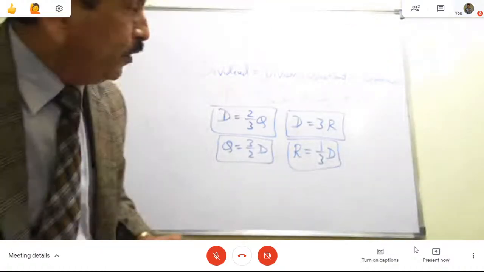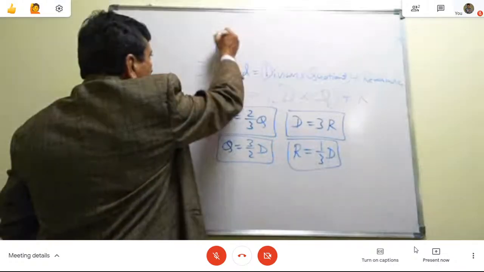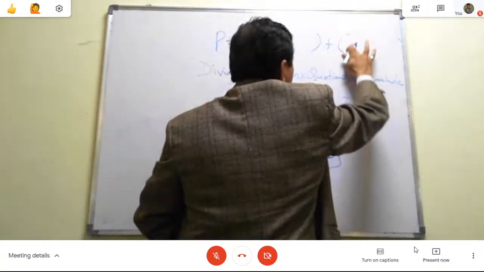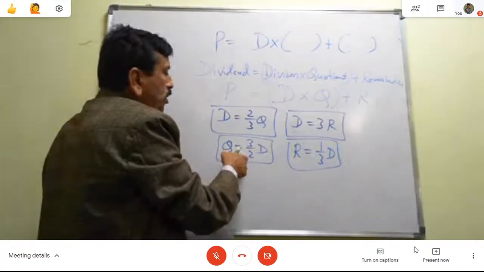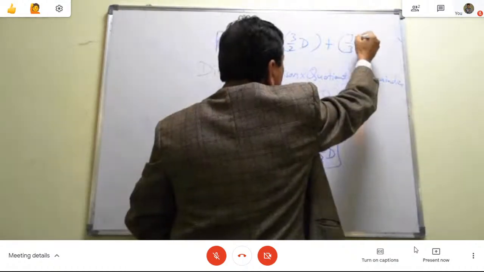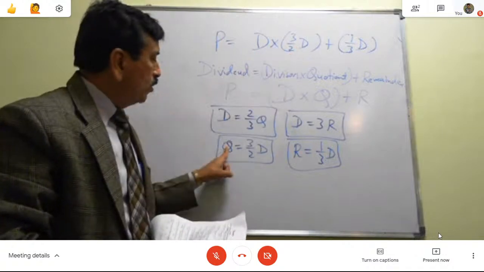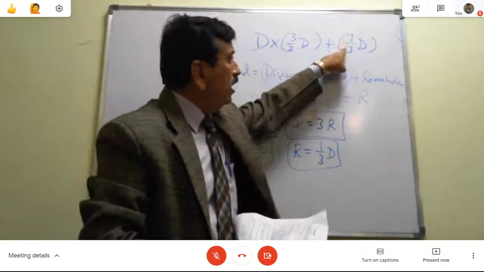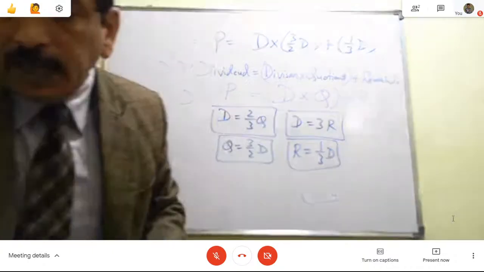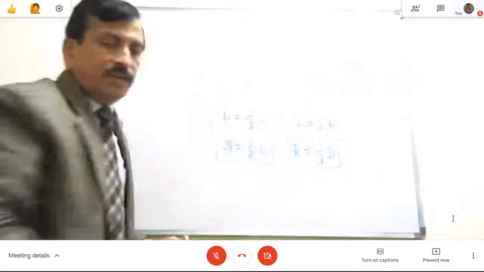Now what we do? We substitute value of Q and R into the above equation. What is the above equation? P is equal to divisor into quotient plus remainder. What is quotient? 3/2 of D. What is remainder? 1/3 of D. So quotient and remainder are replaced in terms of D. So now I am having the full equation in terms of D. Now I'll try to simplify the equation.